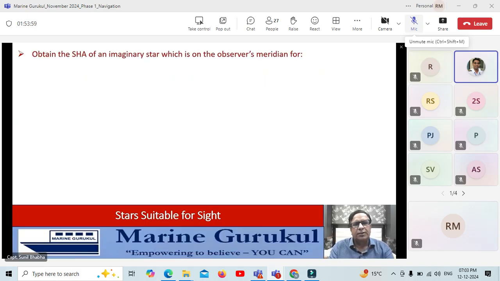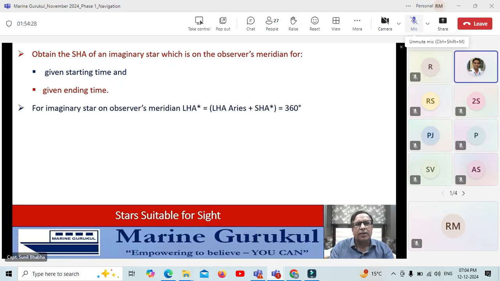To handle such questions, we need to obtain the SHA of an imaginary star on the observer's meridian, both at the beginning of the given interval and at the end of the given interval. So we get two SHA values of this imaginary star. One when it is on the observer's meridian at the commencement of the interval, and second when it is on the observer's meridian at the end of the interval.